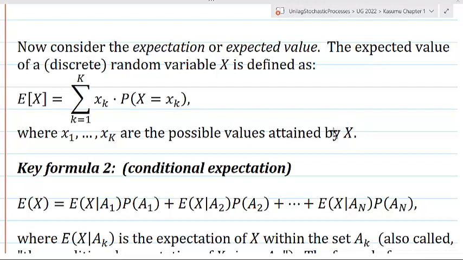Let's look at these terms. First of all, we have random variable. What is a random variable? A random variable is a variable whose value depends on the outcome of a particular experiment. For example, you can think of throwing one dice, and then the random variable would be the outcome.